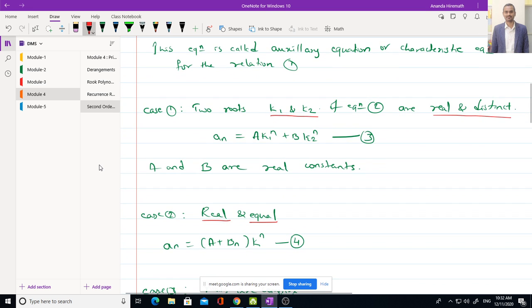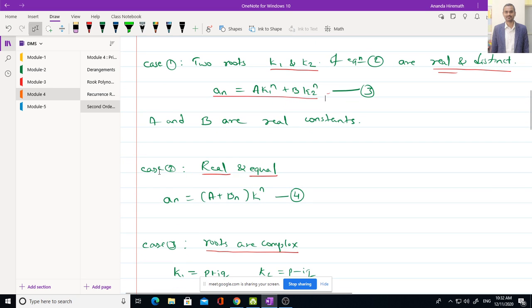Now what if roots are real and distinct? This is the formula: An is equal to a k1 raised to n plus b k2 raised to n, where a and b are some real constants. Case 2 is roots are real and equal. In that case, we write An is equal to (a plus bn) k raised to n.